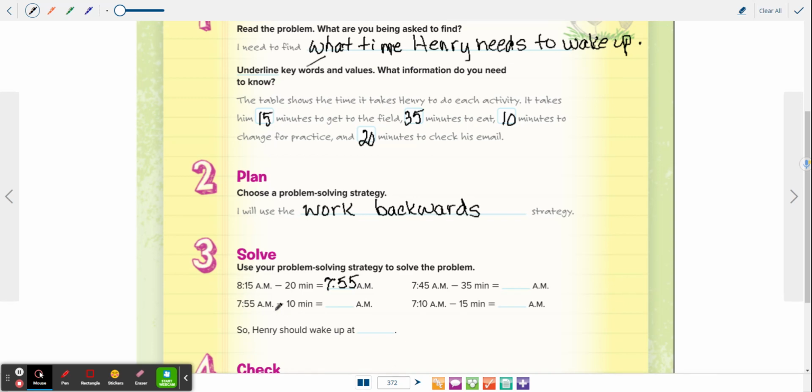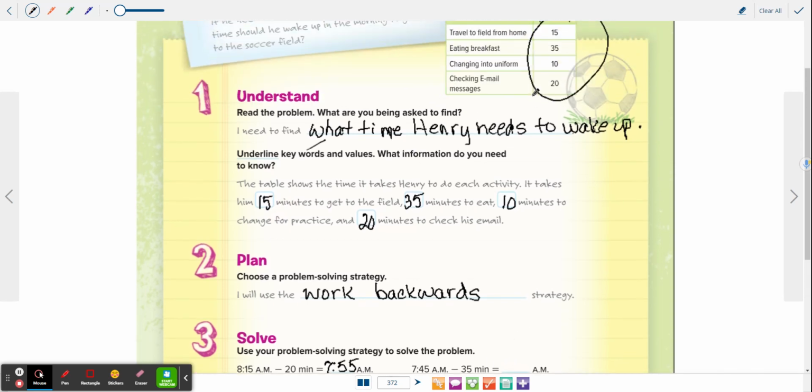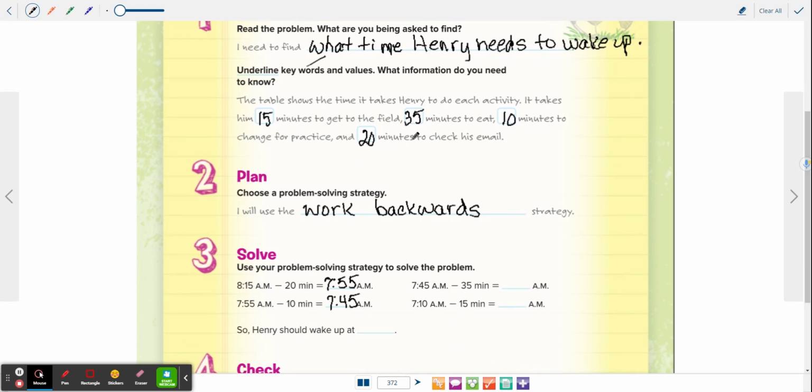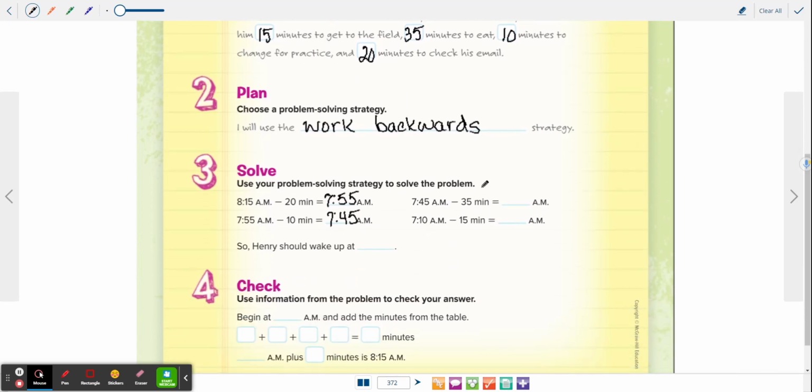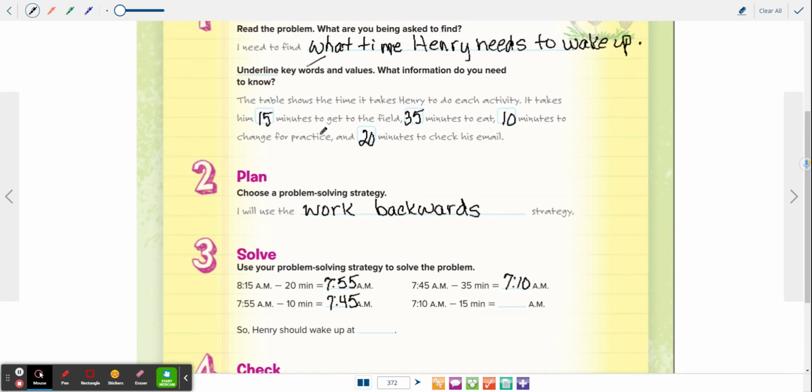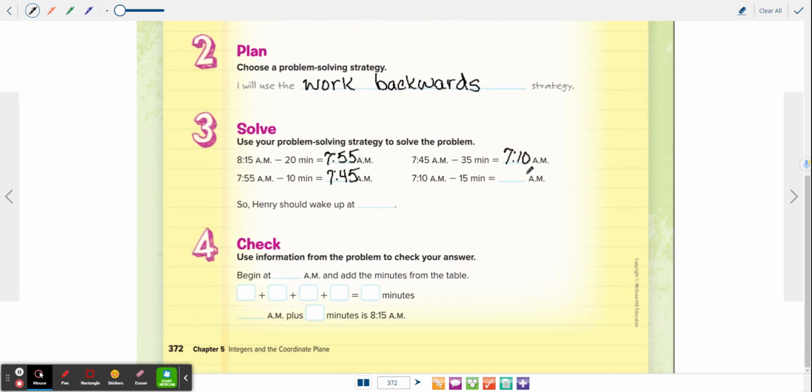Okay. Well, it was right here. I didn't see that. Okay. And then 7:55 minus 10 minutes is 7:45, because that's how long it took him to change into his uniform. Now, 35 minutes to eat. So 7:45 minus 35 minutes is going to be 7:10, and then 15 minutes to get to the field.